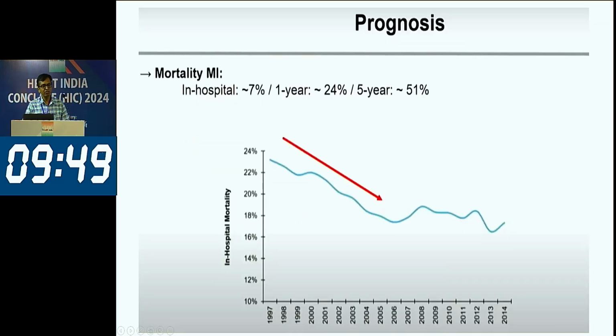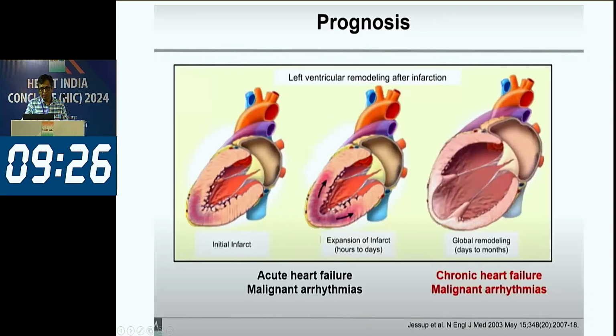Even in developed countries, mortality in the early 1990s was around 20%, and it has come down to around 7% per year. But in the last 4 to 5 years there is not much improvement in mortality, and the prognosis depends on many factors.